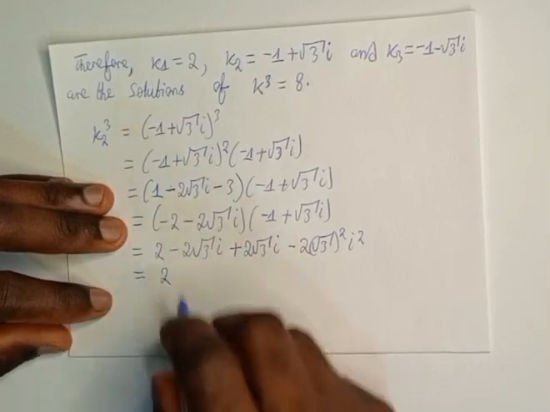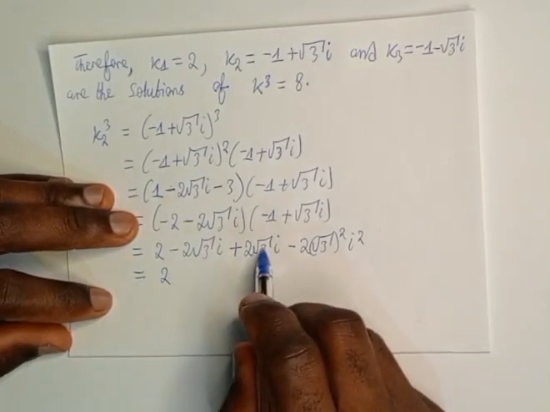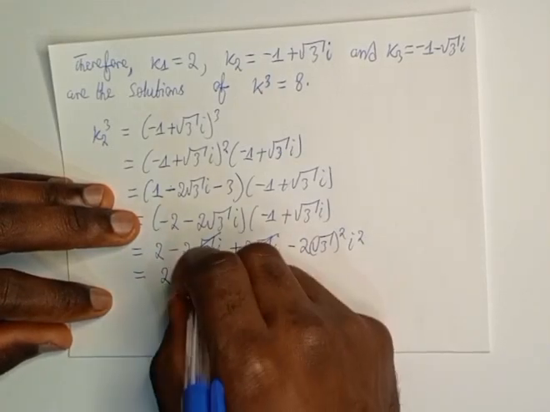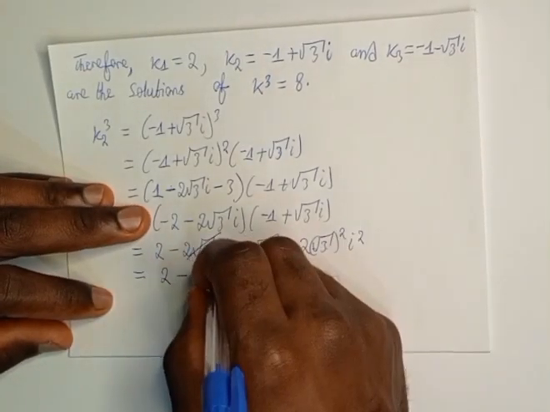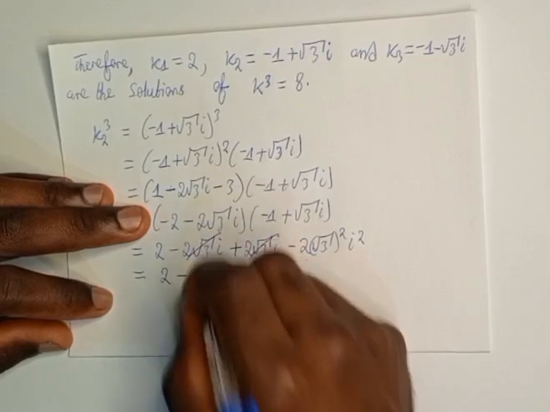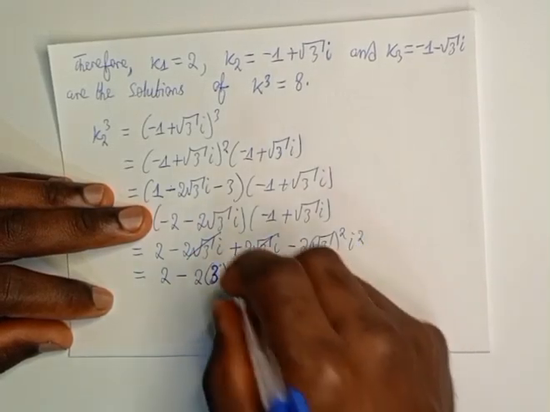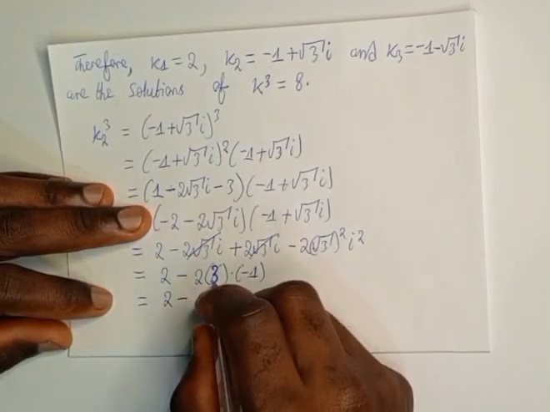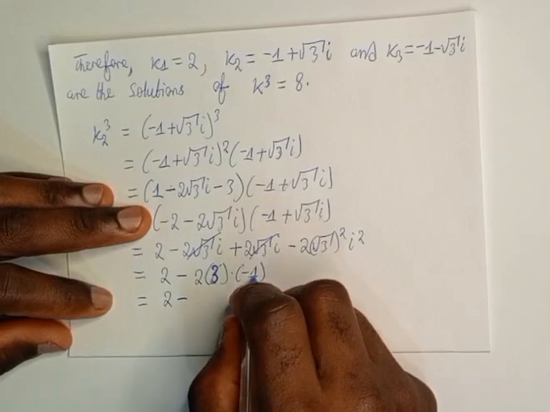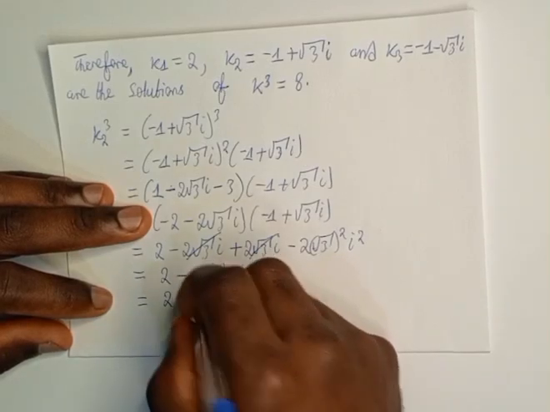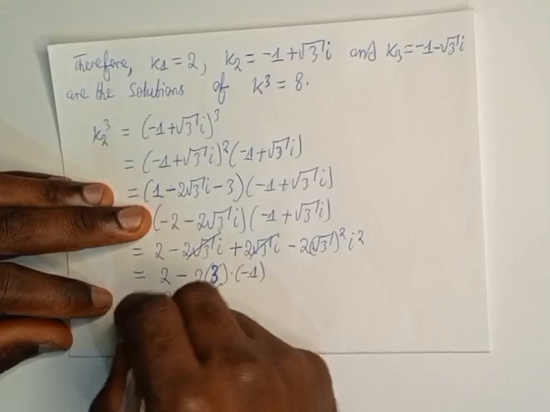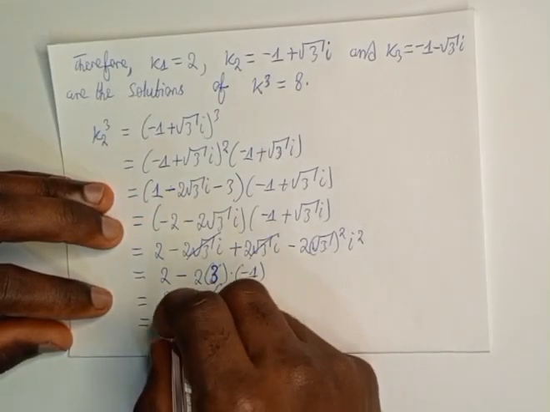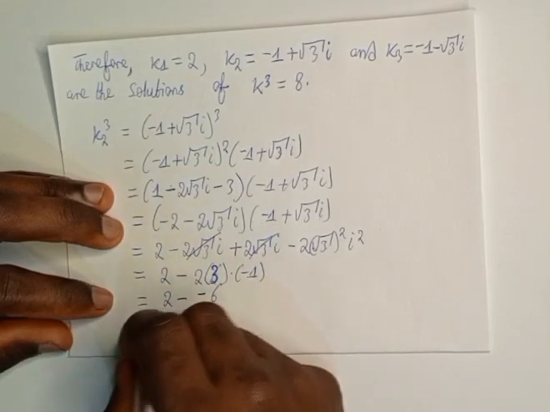This will be equal to 2. Negative 2 root 3i plus 2 root 3i cancel, we go to 0, minus 2 times root 3 squared gives us 3 times i squared, which is negative 1. This will simply be equal to 2 minus 2 times 3 gives us 6 times negative 1 gives us negative 6, which is simply equal to 2 minus negative 6. Two negative signs become positive. 2 plus 6, which is 8.